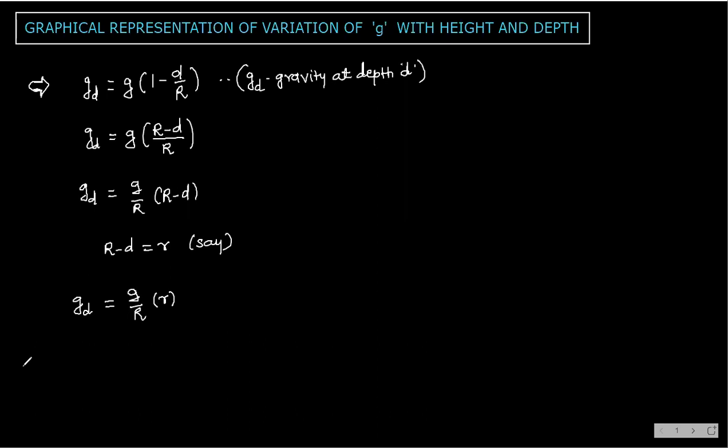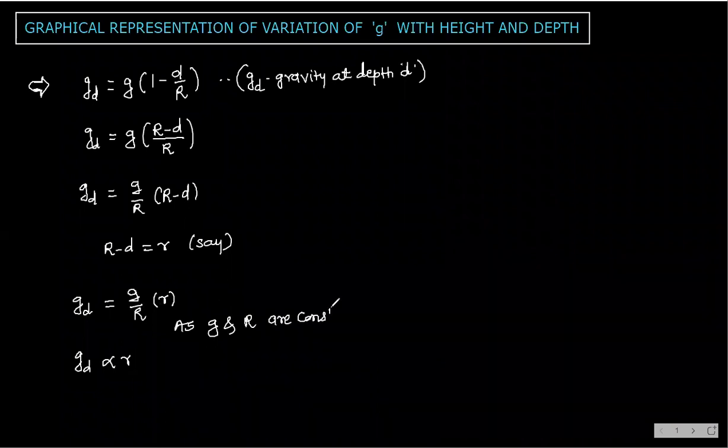Any doubt? Now see here, this g is going to be constant, this R is going to be constant. Then can I write g_d is directly proportional to small r? Please tell me.